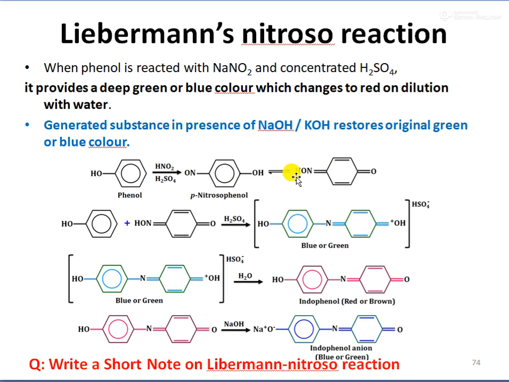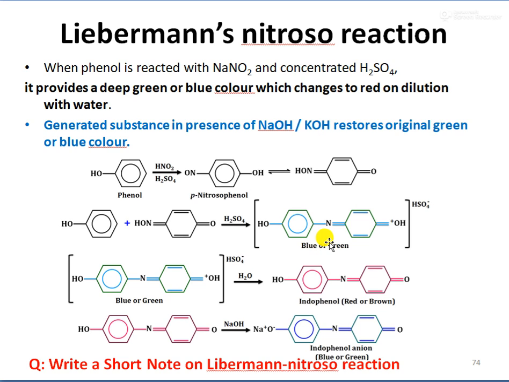This is the resulting structure at the para position. In the next step, another phenol molecule will come and attack, conjugating at this para position of the structure. So this is the second step, where a phenol reacts with the structure and we get a complex like this, a conjugated structure. This is blue or green in color.